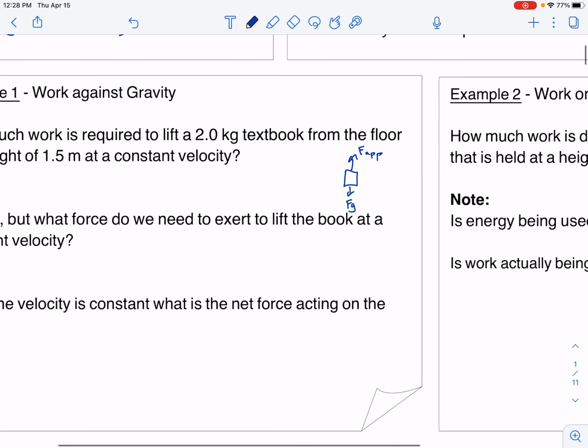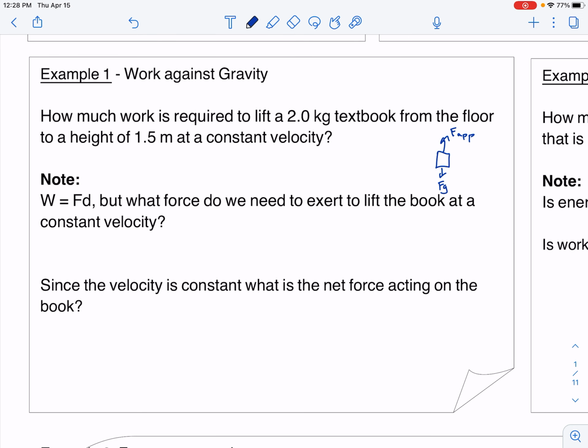We're doing this at constant velocity, which means that our applied force is going to equal gravity. So our force, in this case, is the gravitational force, which means this expands out to mass times gravity times distance. From here, just plug and play.